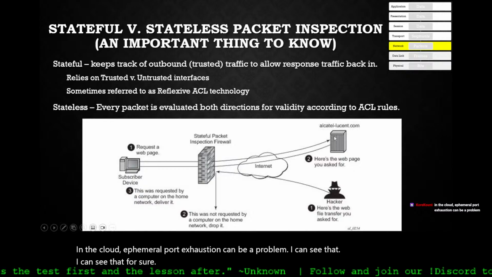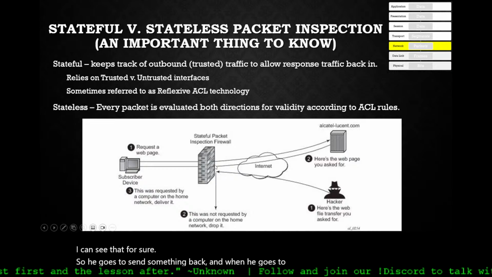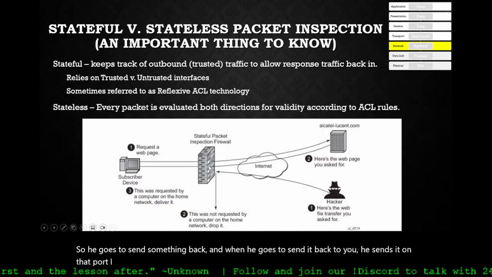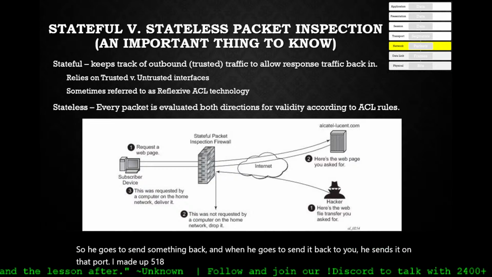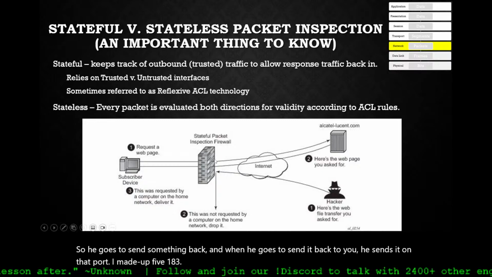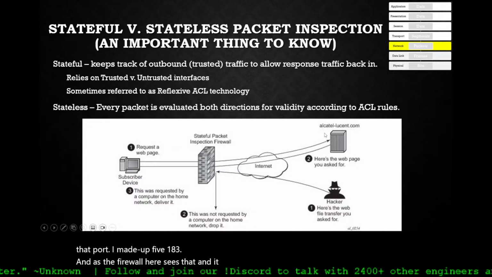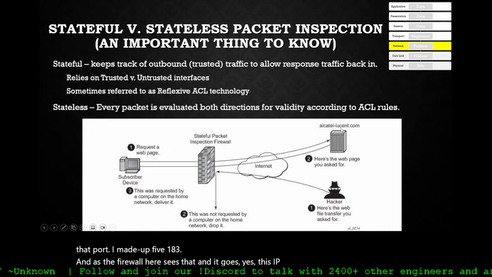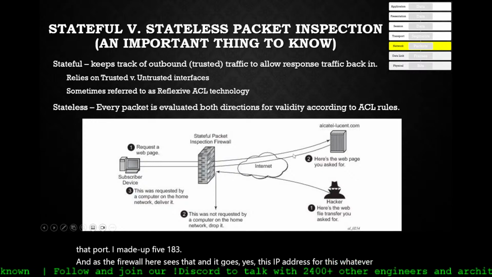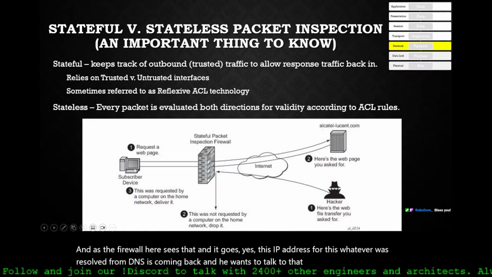So when he goes to send something back to you, he sends it on that port I made up, 5183. And as the firewall here sees that, it goes, yes, this IP address, whatever was resolved from DNS, is coming back, and he wants to talk to that device on 5183. Thank you, Robodom.